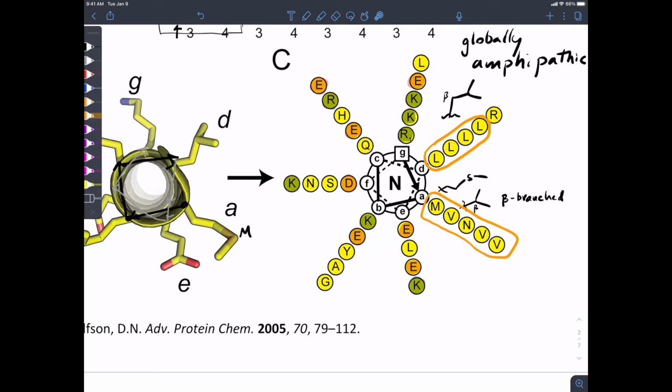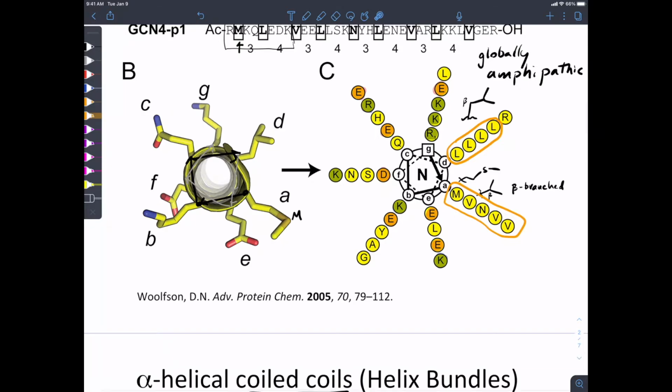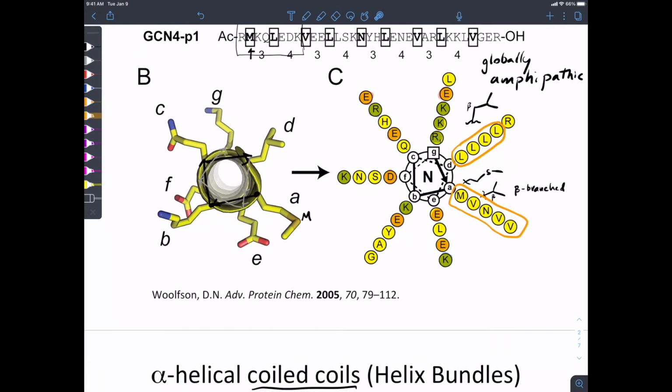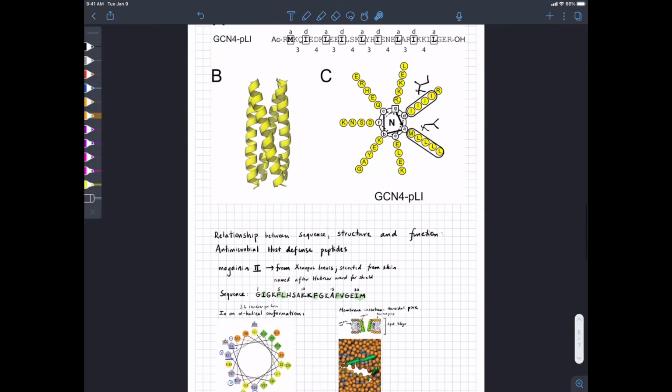And we are learning that there are some long-range interactions between amino acids on the solvent-exposed face of the helix that can contribute substantially to how stable the coil-coil is, and we're still trying to learn how that works. So a lot of people are working on this, and it's a fun system to deal with.